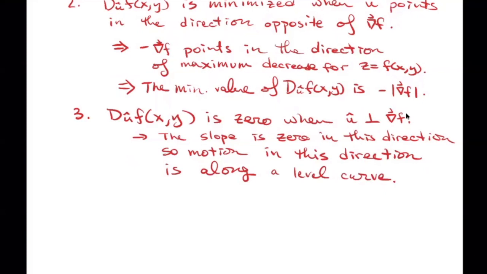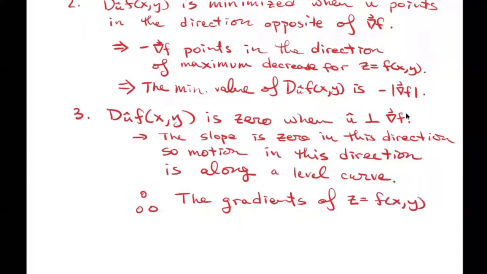That's what I wanted to get out of that. Therefore, and this is the big point I want to make here, the gradient vector is perpendicular to level curves for a surface. So the gradients of z equals f of xy are perpendicular to this surface.